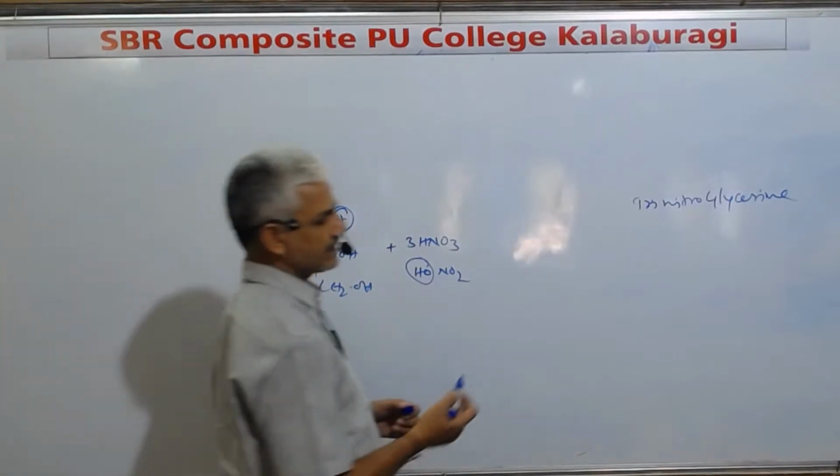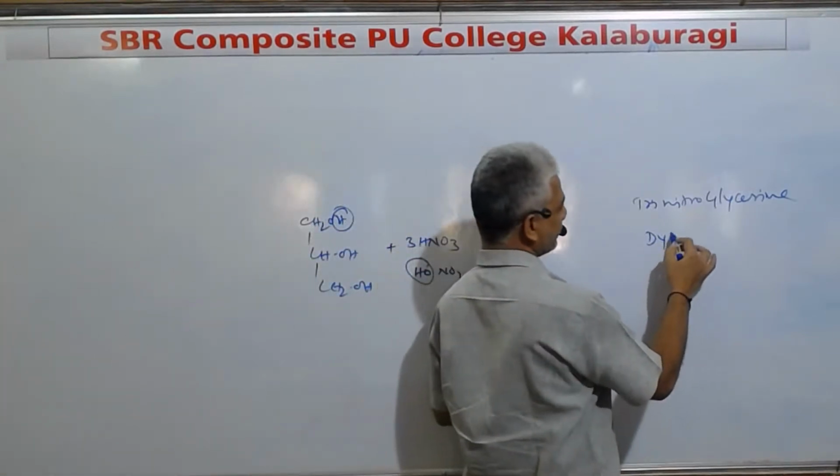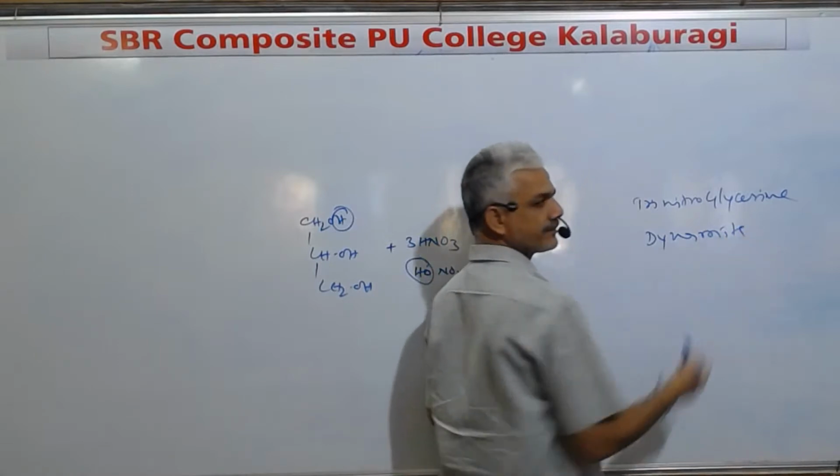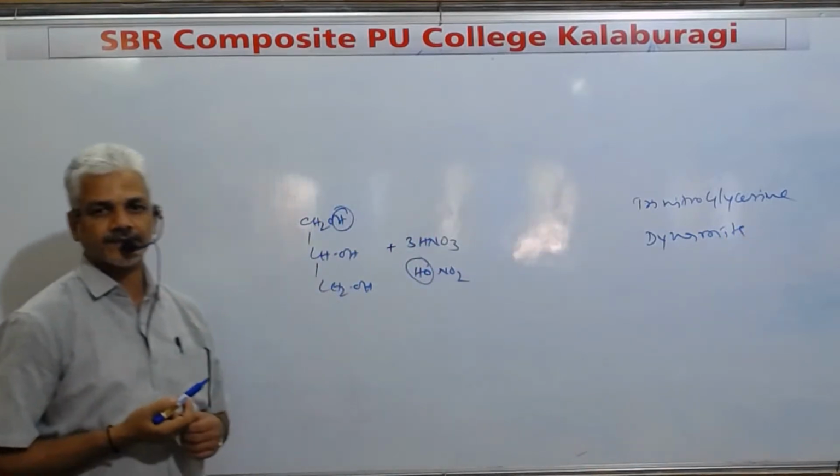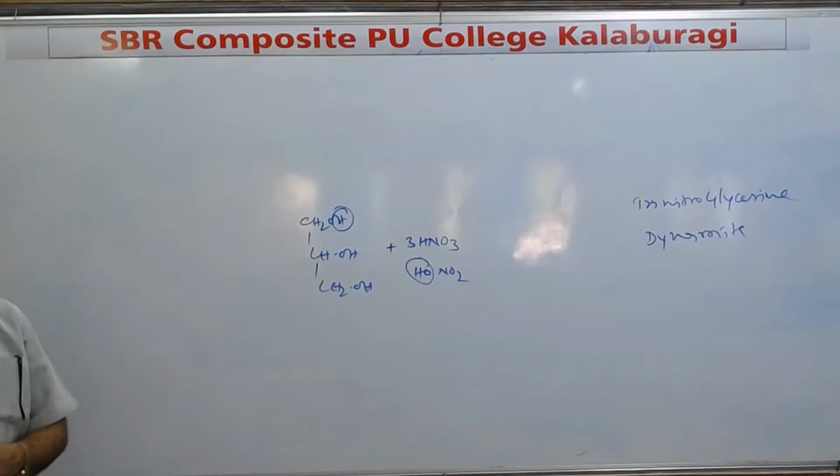Commercially, it is known as what? Dynamite. What is the use of dynamite? Explosive. Who discovered dynamite? Nobel.